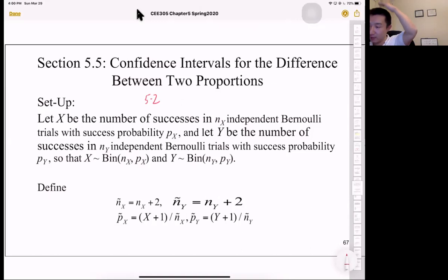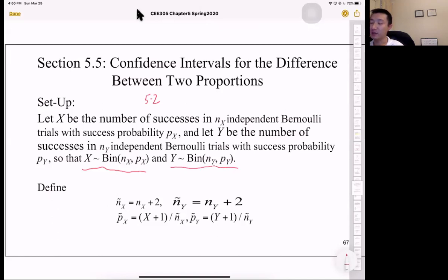If X is the number of successes in nx independent Bernoulli trials with success probability Px, and Y is the number of successes in ny independent Bernoulli trials with success probability Py, we know X will follow binomial(nx, Px), and Y will follow binomial(ny, Py).